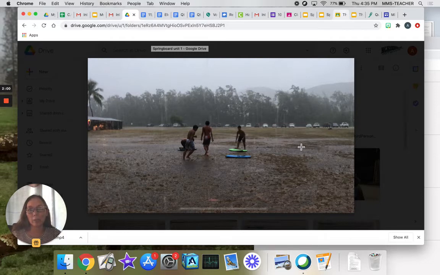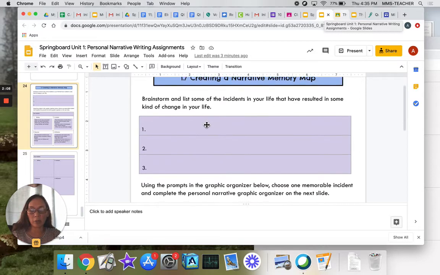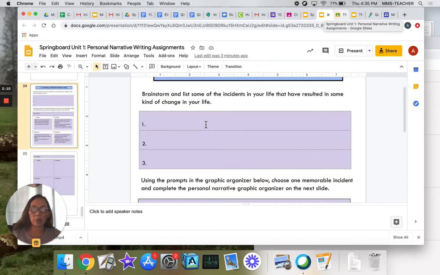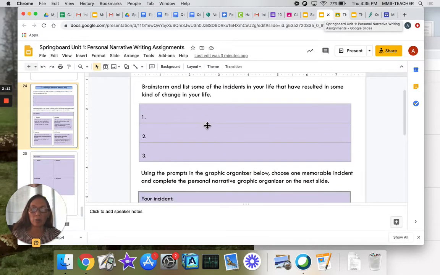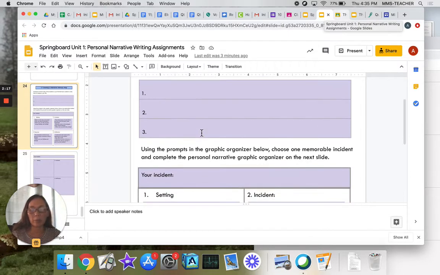I'll come back to this when I write it in the sample memory map that I'm going to show you. So think about 3 different incidents in your life where you learned something, you grew somehow, or you changed somehow.